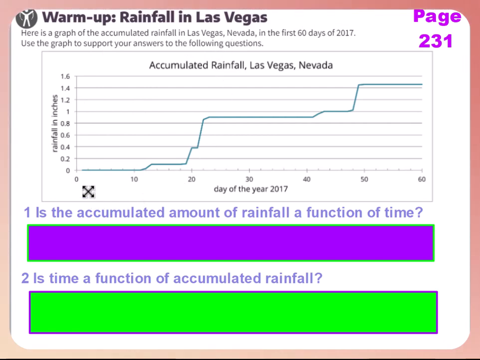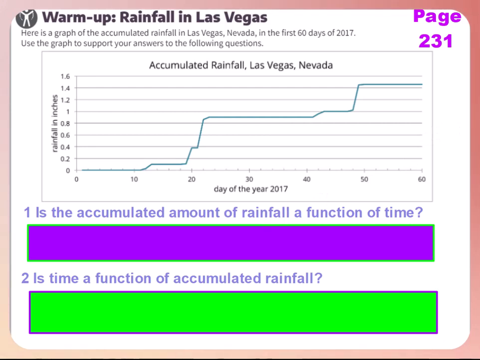So let's look at what the x-axis represents. Remember, x is our input, and our input is always going to be time. So our x-axis is showing day of the year in 2017. And then our output is going to be an amount. On our y-axis, we have the amount of rainfall in inches. Is the accumulated amount of rainfall a function of time?